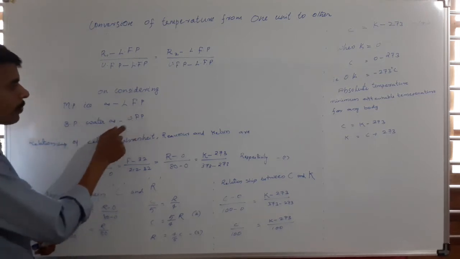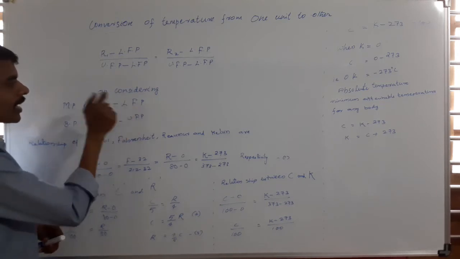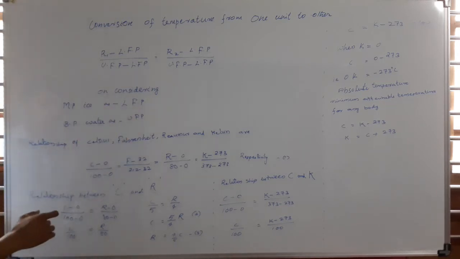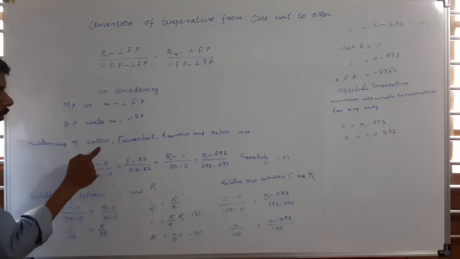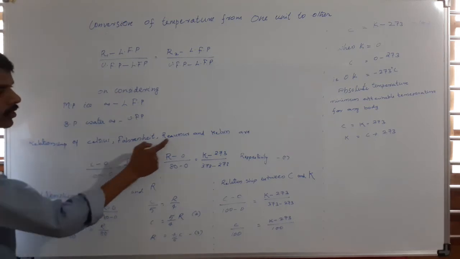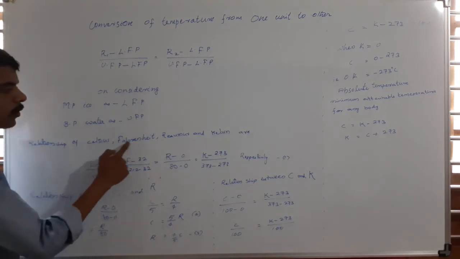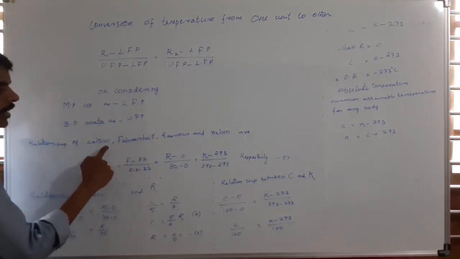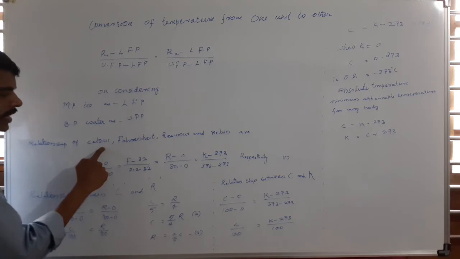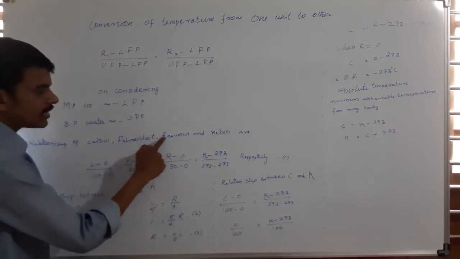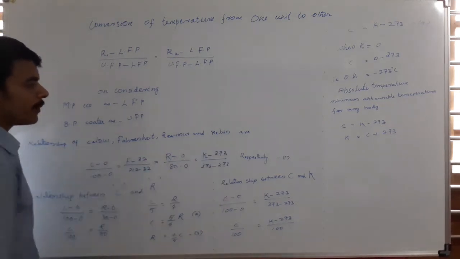Then we are connecting the relationship between Celsius, Fahrenheit, Romer, and Kelvin. So here we have written four temperature scales: one is Celsius or centigrade, this one Fahrenheit, this one Romer, and this one Kelvin.